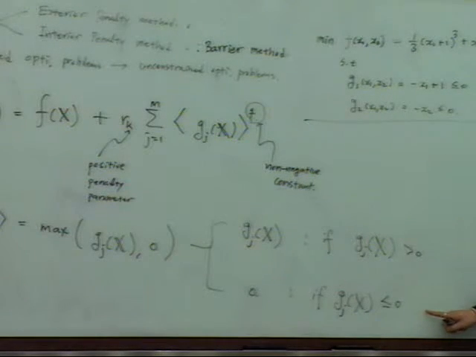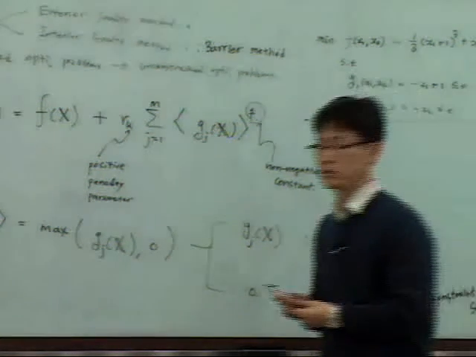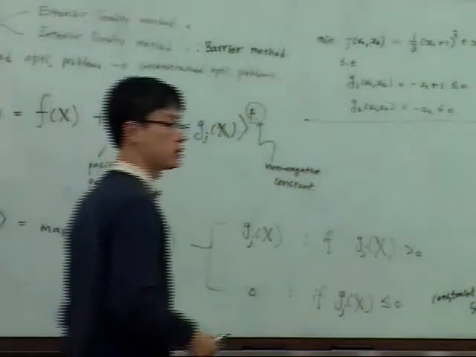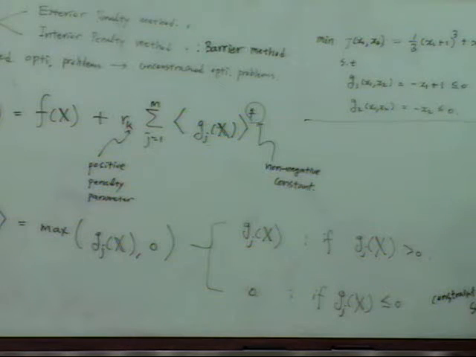if it returns 0, then the constraint is satisfied, right? And if it returns this g sub j, the constraint is violated, right?